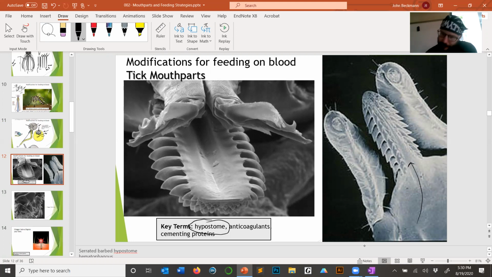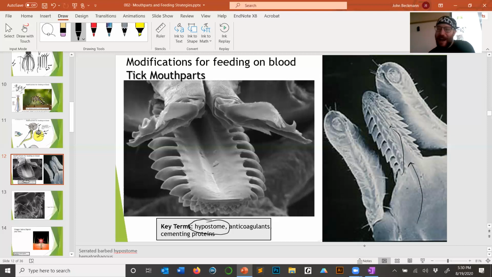They literally stab their hypostome in, and when you try to pull this out, there are these serrated claws that prevent it from being pulled out. The famous example is you don't pull ticks out by the body, because the head is stuck in there, and you'll just rip the body off and the head will still be feeding and still transmitting diseases to you.